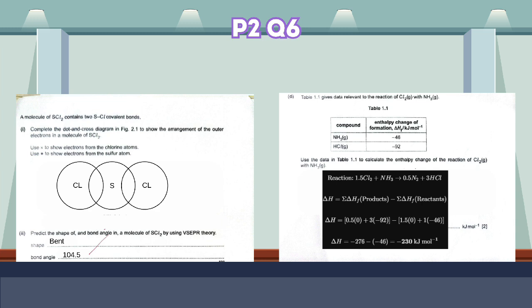And then we use delta H equals delta H products minus delta H reactants, and then we insert the number, and we got the answer is minus 230 kilojoule per mole.